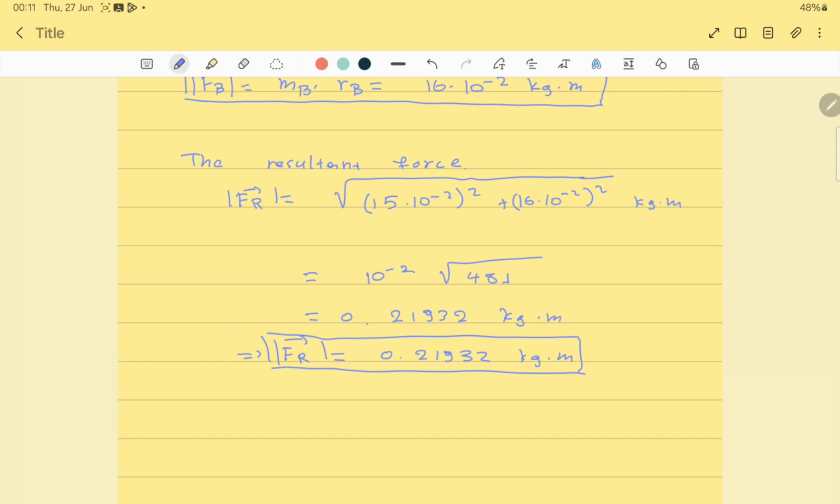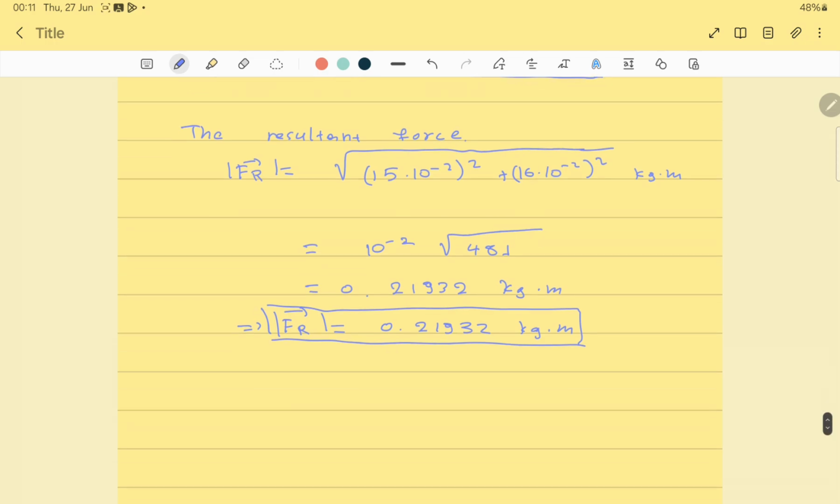Now, the magnitude of Fc should be the same as the resultant. So Fc, the magnitude of the force Fc, should be the same as the resultant force in order to balance the system. And from here, this force is mc times rc.